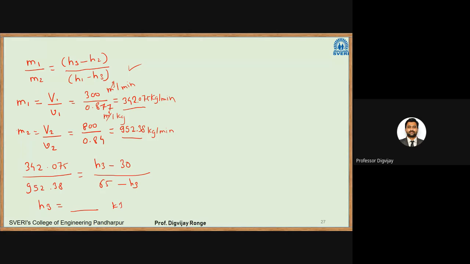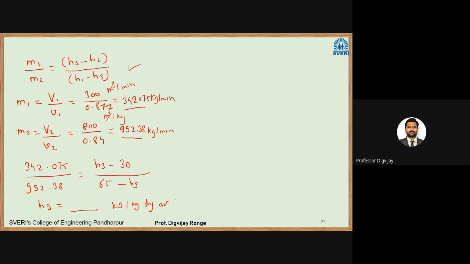So H3 will be in kilojoule per kg of dry air. So calculate the value of H3.